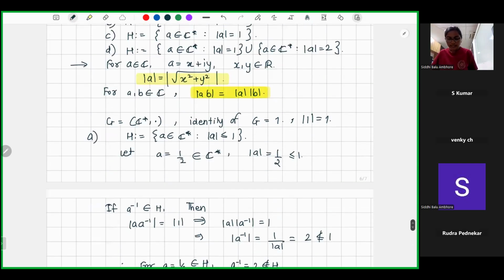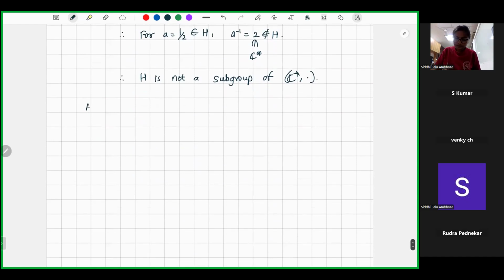So the second part, can you come up with a similar kind of argument here, for A in C star such that mod A is greater than 1?